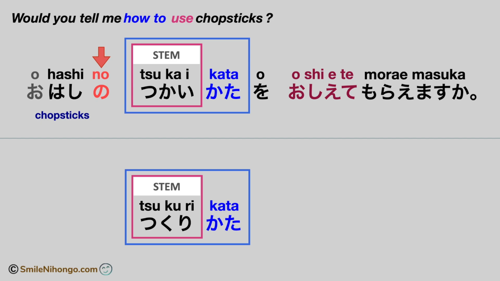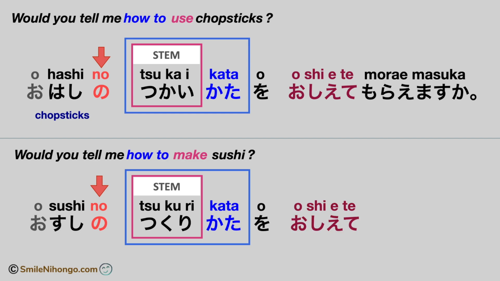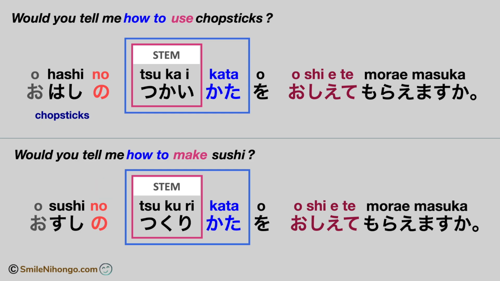Likewise, if you want to request, would you tell me how to make sushi? Then you have to say お寿司の作り方を教えてもらえますか? Of course, you can use kata for sentences other than request.